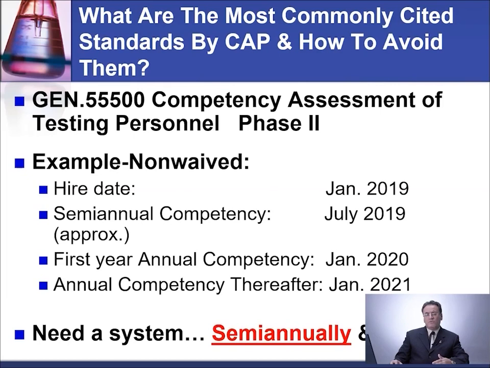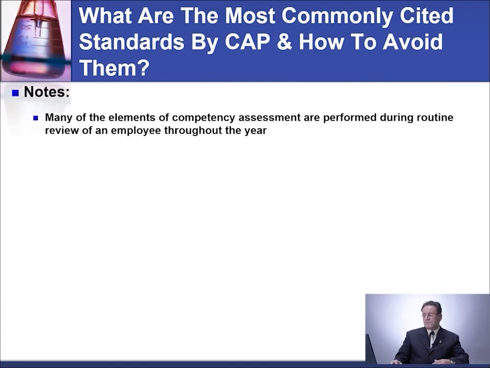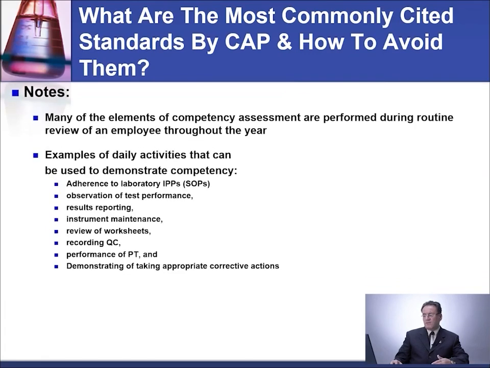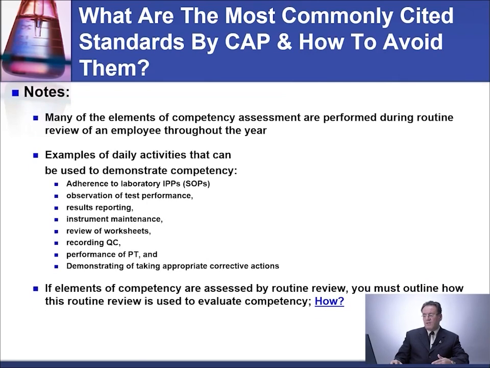If they're done, do the semi-annual competency for them. Some notes regarding the competency. Many of the element competency assessments are performed during routine review of an employee throughout the year.